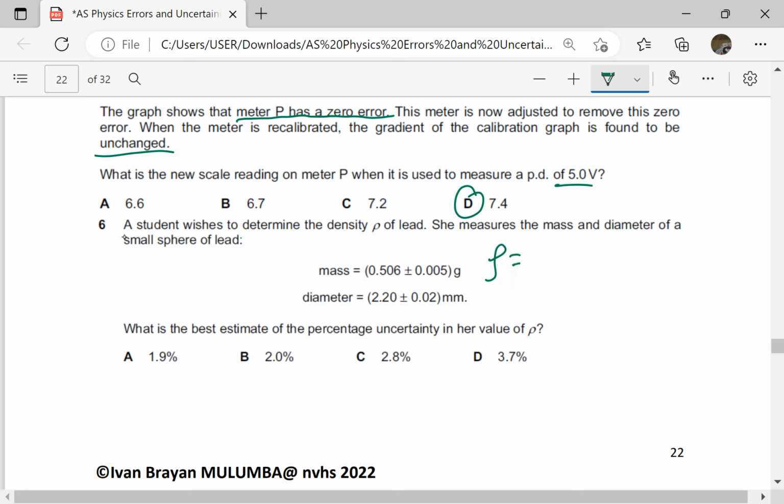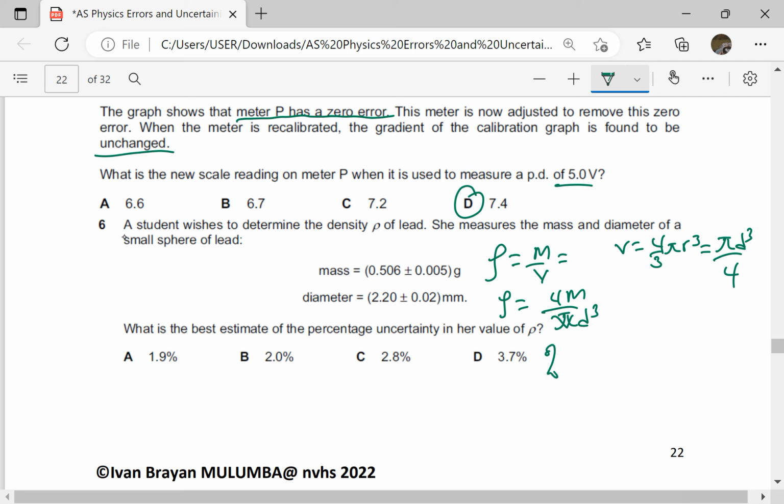So density is equal to mass over volume, and it is a sphere. Volume is 4 over 3 πr cubed, which is πd cubed divided by 6. So the density is going to be 6m divided by πd cubed.